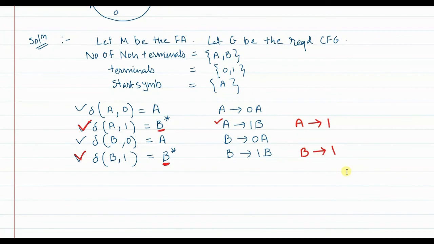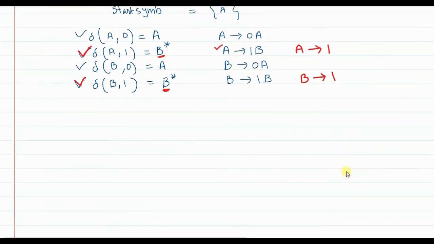Fine. Therefore the productions are, what are the productions? A gives 0A or 1B, or A also gives 1.